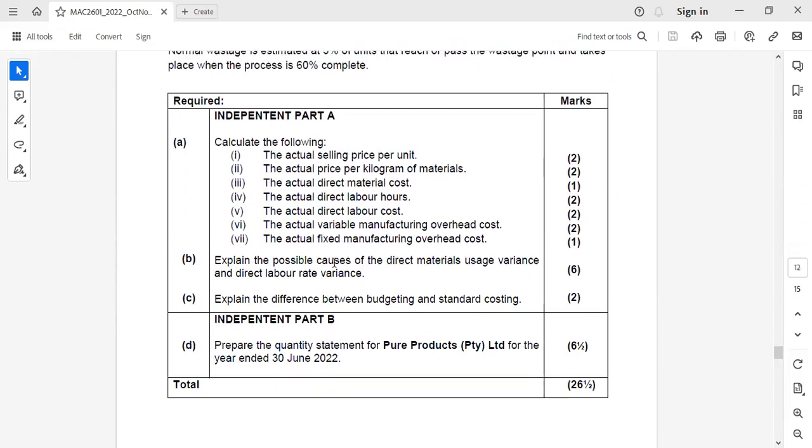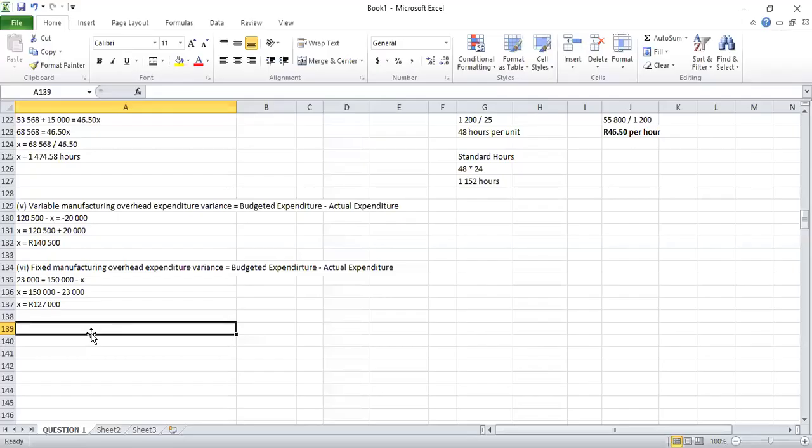Explain the possible causes of the direct material usage variance and the direct labor rate variance. Possible causes.